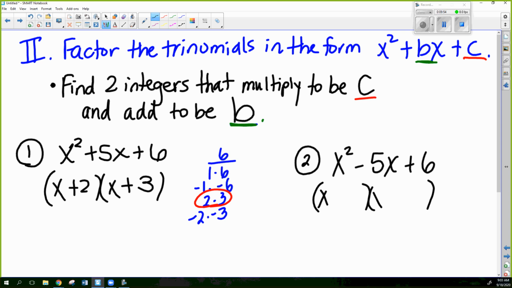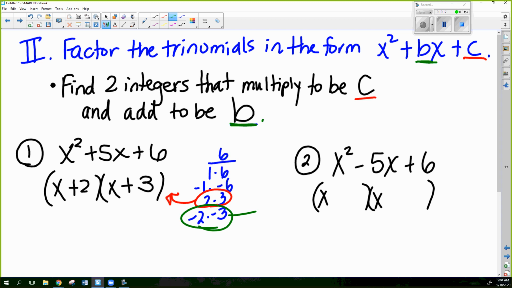X. But this time I need a pair that multiplies to be positive 6, but adds to be what kind of 5? Negative. So that's why I did my whole list over here. All right? The positive 2 and 3 went with the first one. But how do I add any of these pairs and get negative 5?